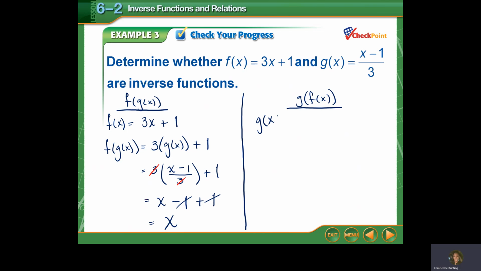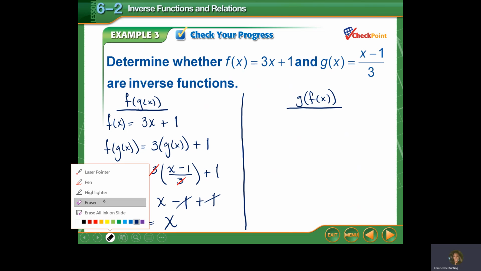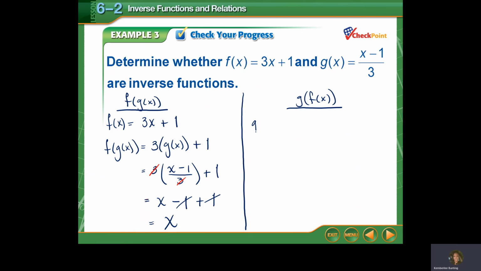Start off by writing the function g of x equals x minus 1 over 3.